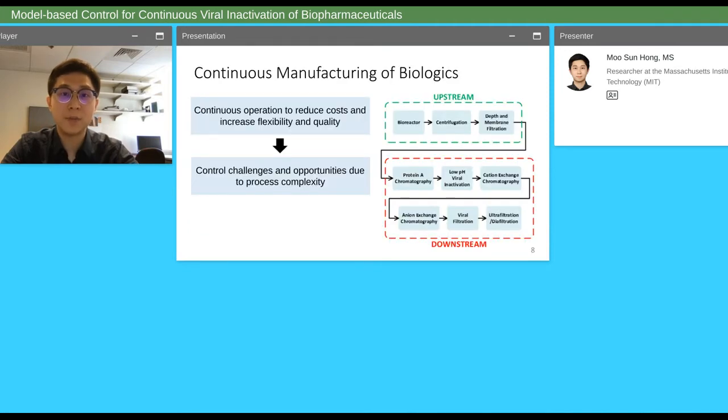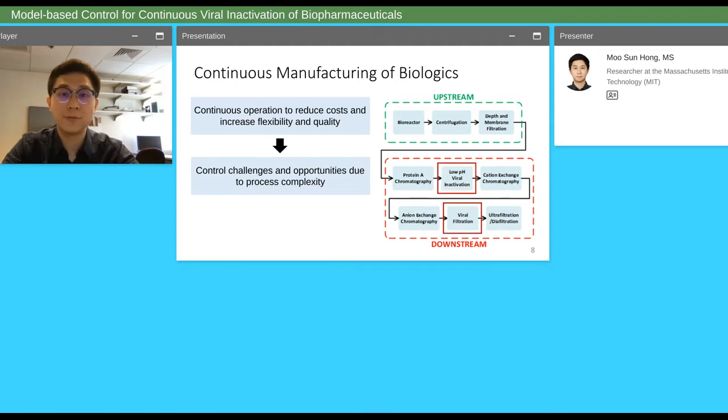As I have already mentioned before, the continuous manufacturing of biologics has been of interest to both academia and industry. This is because of the many advantages, such as reduced cost and increased flexibility, ease of standardization and scale-up, and improvement in product quality. However, the complexity of these processes also brings control challenges and opportunities.